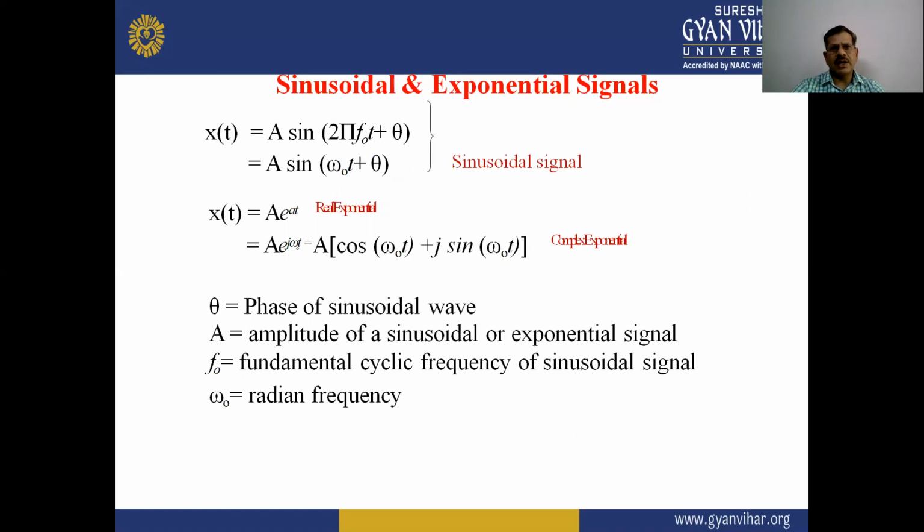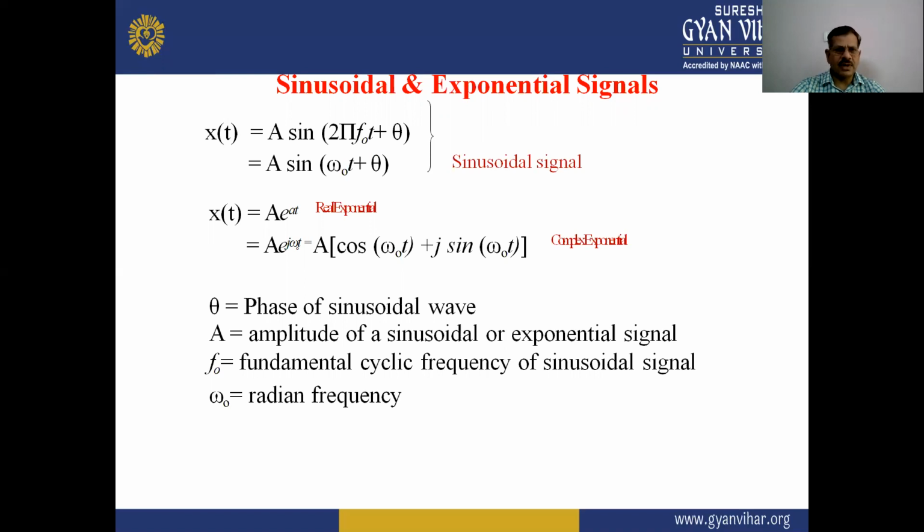So sinusoidal and exponential signals: x(t) equal to A sin 2 pi f naught t plus theta, and also A sin omega naught t plus theta. These are the sinusoidal signals.